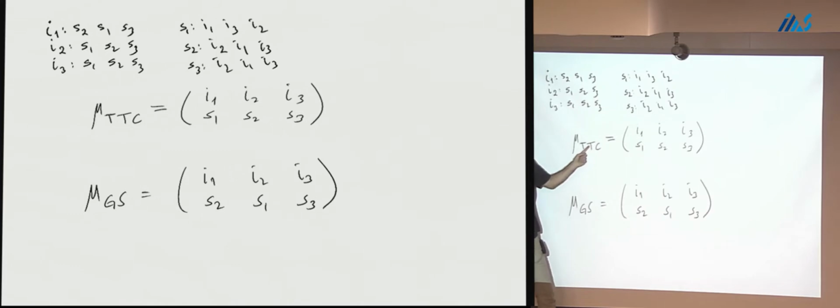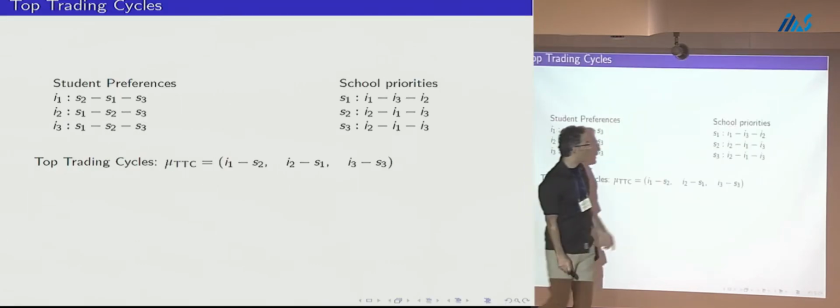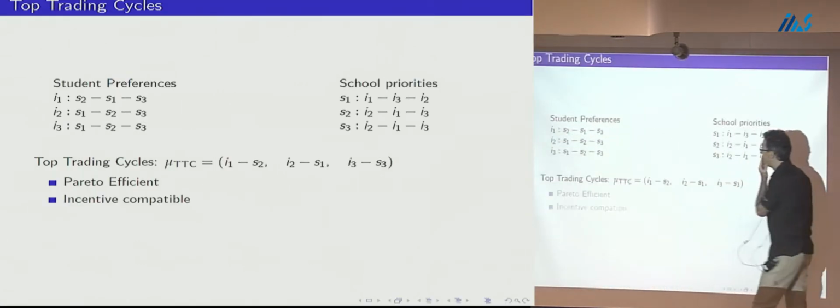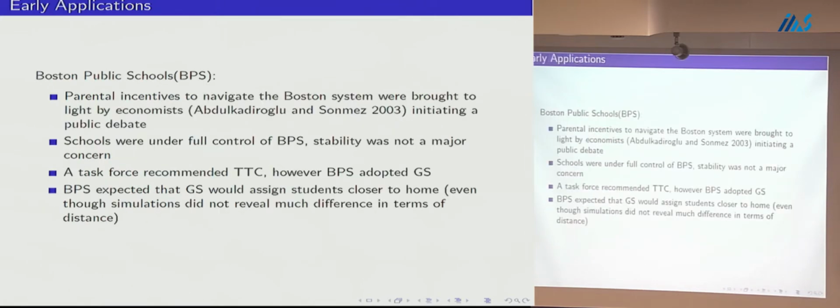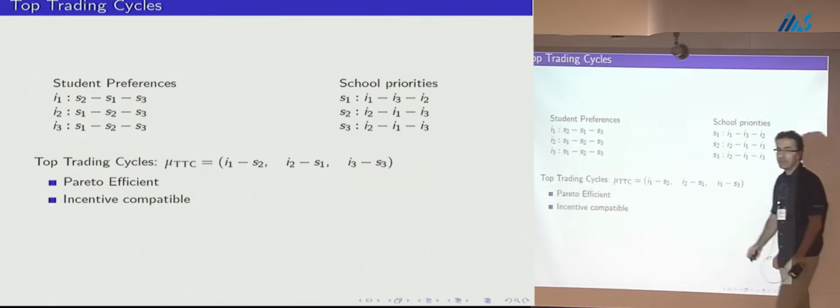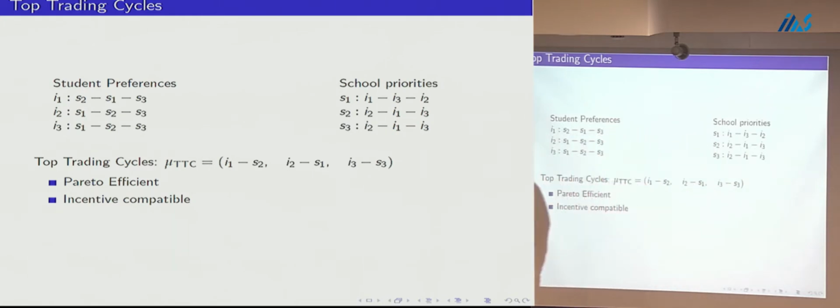Incidentally, this matching Pareto dominates the Gale-Shapley matching in this example. Now, that mechanism is Pareto efficient and incentive compatible. And so these are the two major assignment mechanisms that we talk about when we talk to the school districts.